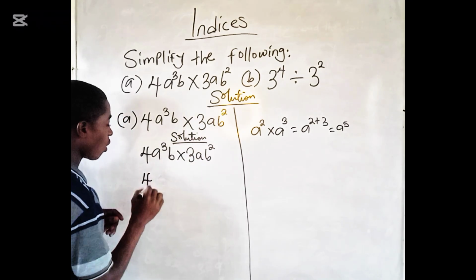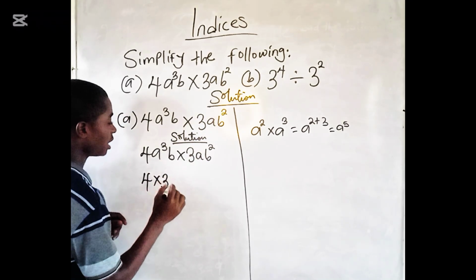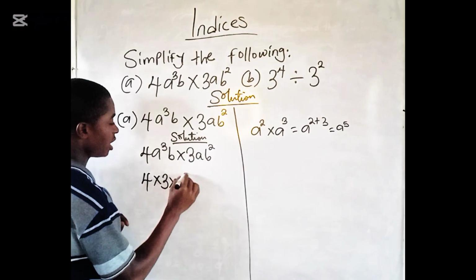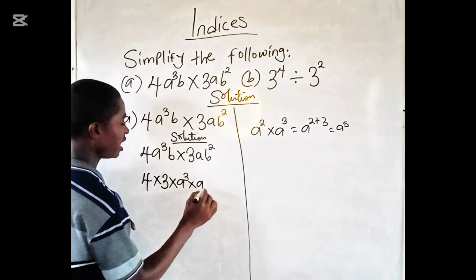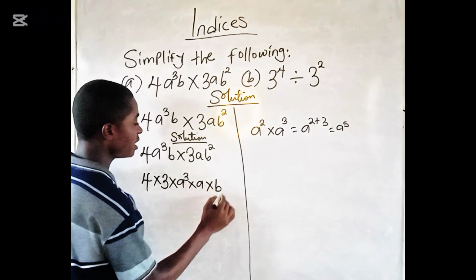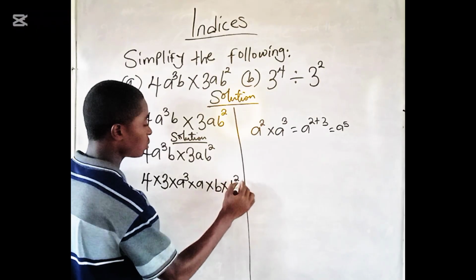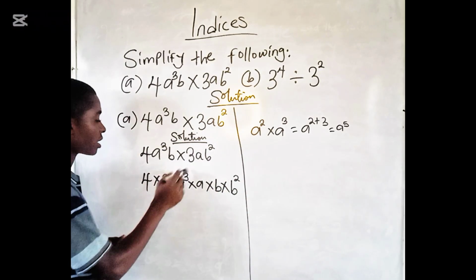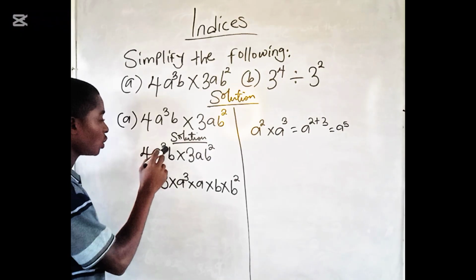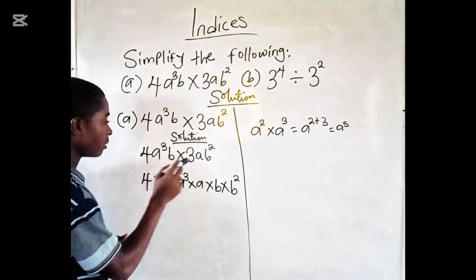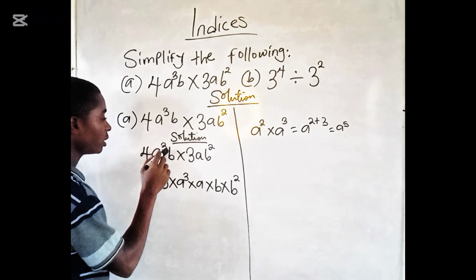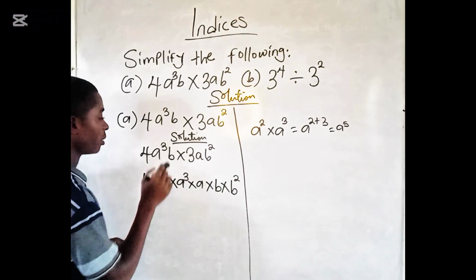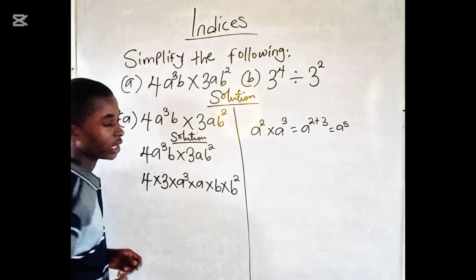We have 4 times 3 times a cubed times a times b times b squared. That's everything that we have.